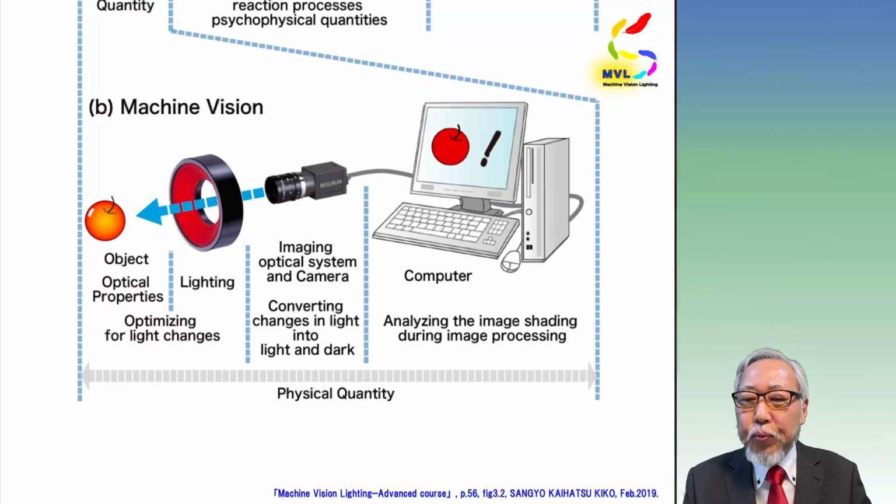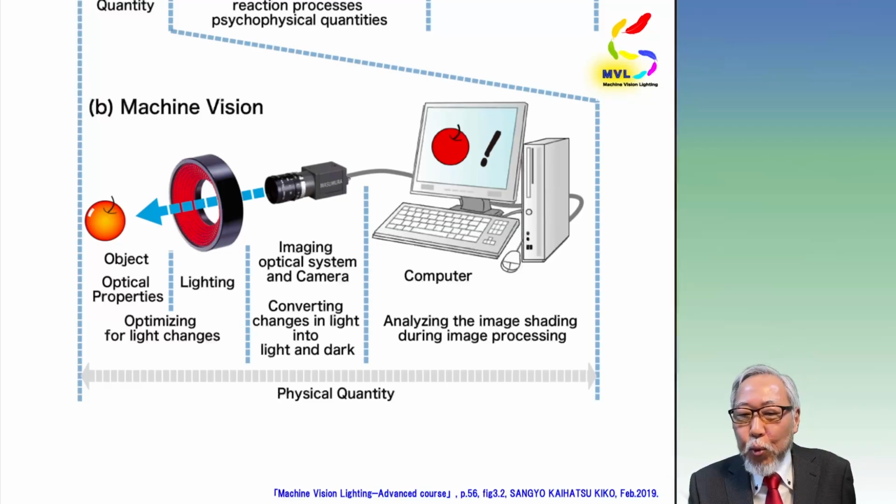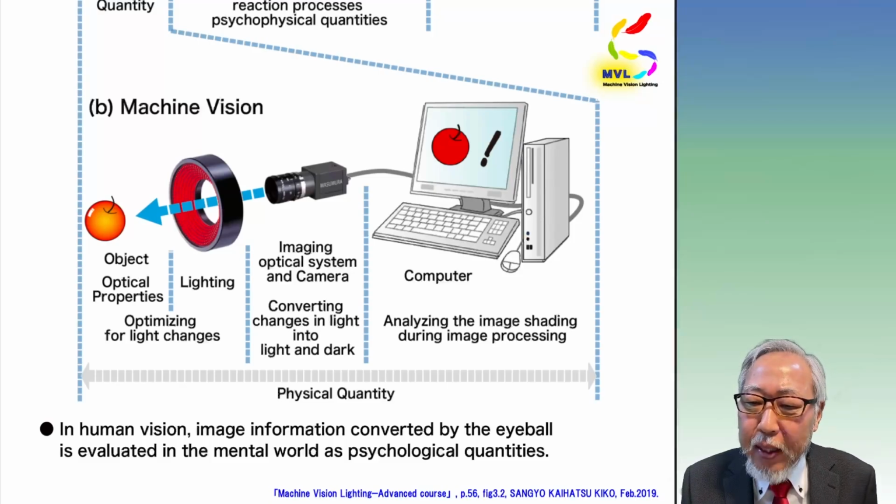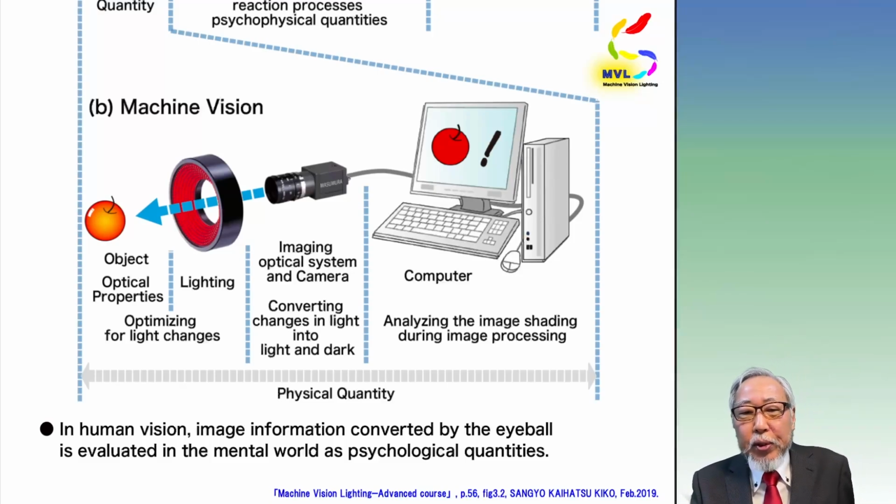No matter how much we use neural computers, we can create something close to the human brain or even surpass it, such as a quantum computer. But then, can a robot use its visual function and think actively on its own? The answer is no. So what should we do? In human vision, image information converted by the eyeball is evaluated in the mental world as psychological quantities.